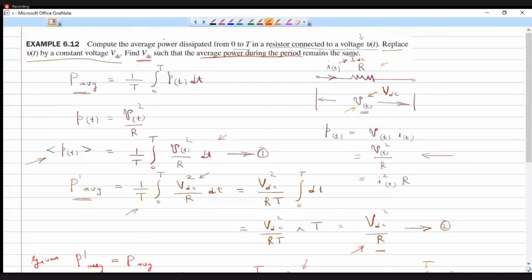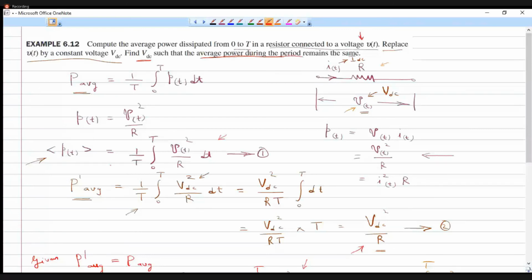Then the application of the average value and the RMS value. In the case of a resistor, a current is flowing through the resistor. So what is happening here? An alternating or time varying voltage is applied across a resistor, and some current is flowing through it, and we have found out the average power that is dissipated over the entire period.